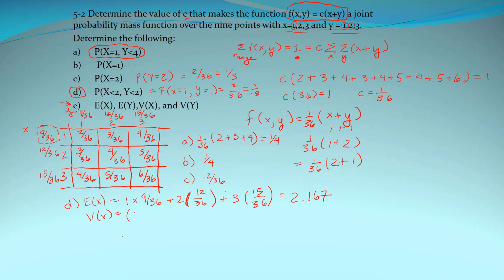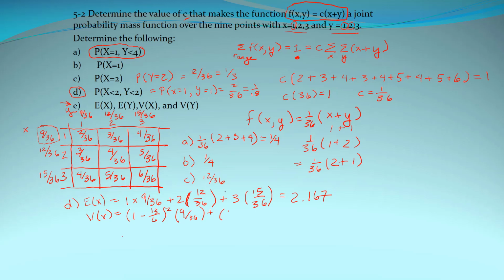If we calculate the variance, we use our same old formula again. We're going to have 1 minus 13/6 squared, because we already found what that mean is, and multiply that times 9/36.